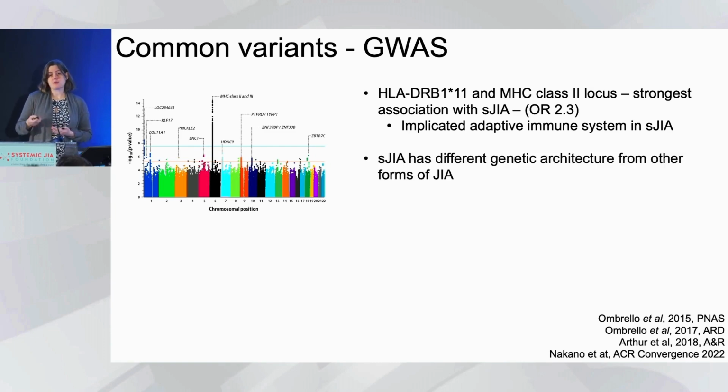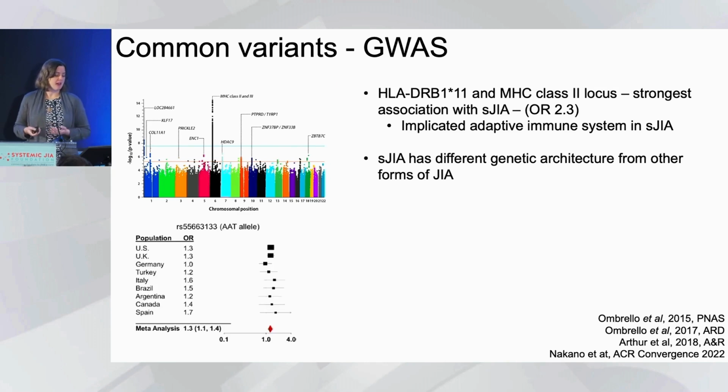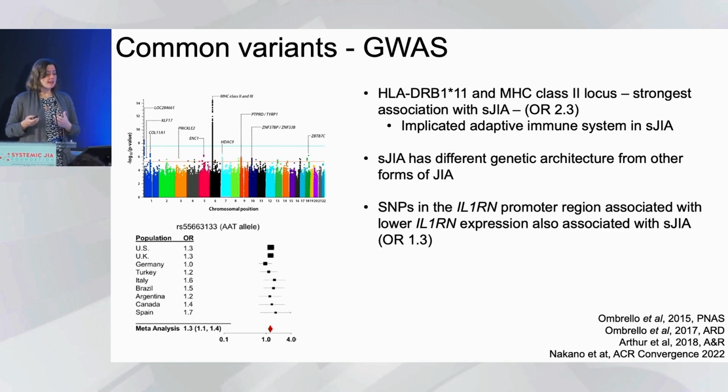The other thing was able to identify that the genetic structure of systemic JIA was different than other types of JIA. And finally, Dr. Grom did mention they went back to look at the candidate genes to see, well, can we replicate some of those findings in multiple different populations? And they did indeed find that IL-1RN, which codes for IL-1RA, was significantly associated with SJIA.